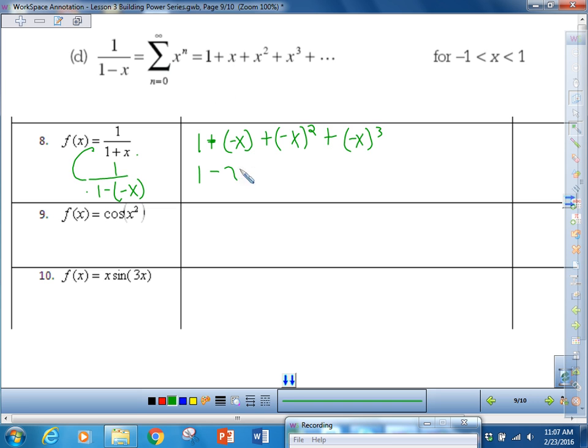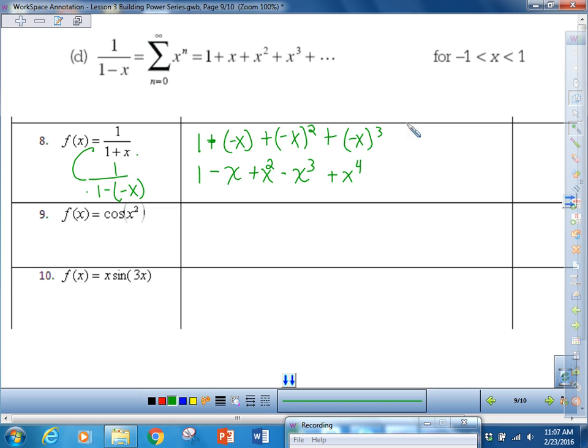You can see that this is going to produce an alternating series because negative 1 squared is positive now. And the next one, of course, would be plus x to the 4th. So this has produced an alternating series.